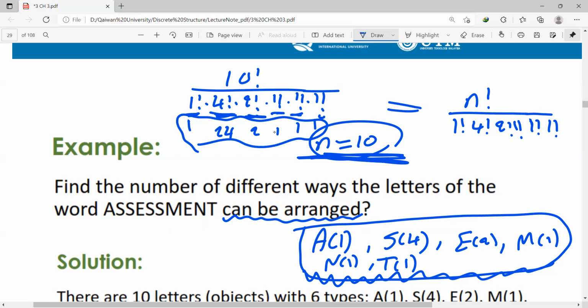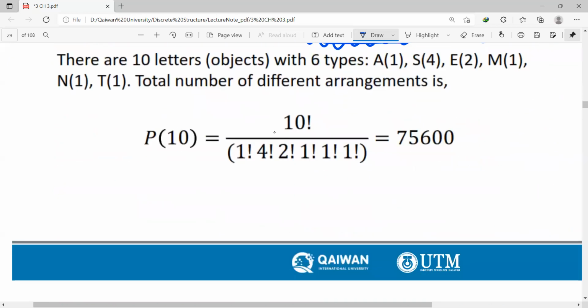Times 2 is 48. Times 1 times 1 times 1 is still 48. So the denominator is 48. And in the numerator we have 10 factorial. We are going to find 10 factorial dividing by 48. And the result is 75,600.